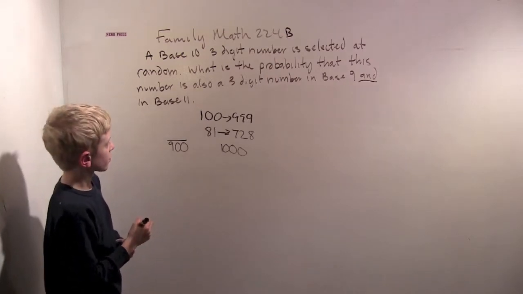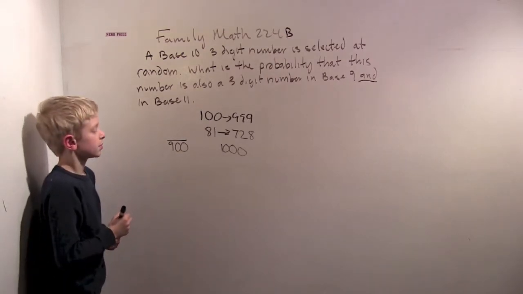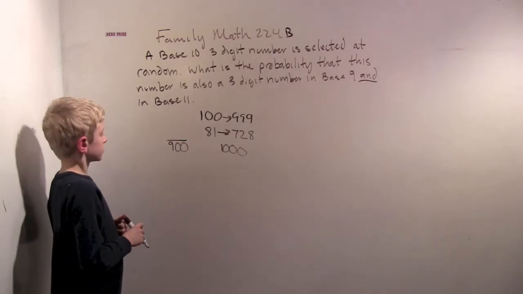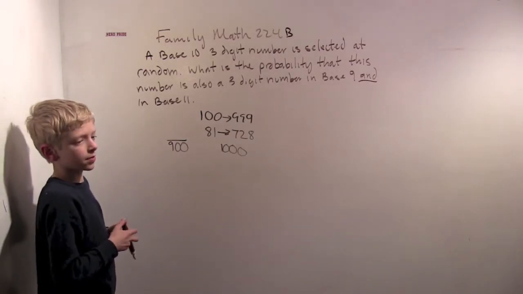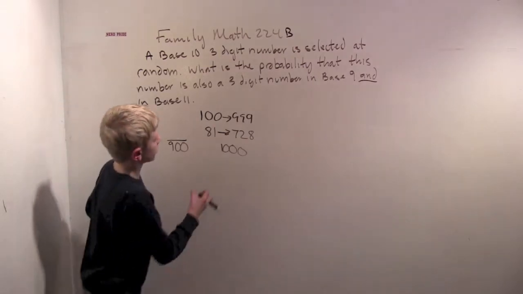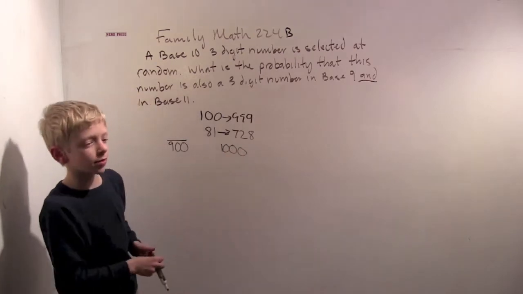Oh, interesting. Very interesting idea. 1000 in base 9 is 729. So you can figure out the last three-digit base 9 integer by just doing what? By just subtracting 1. Wow, cool.